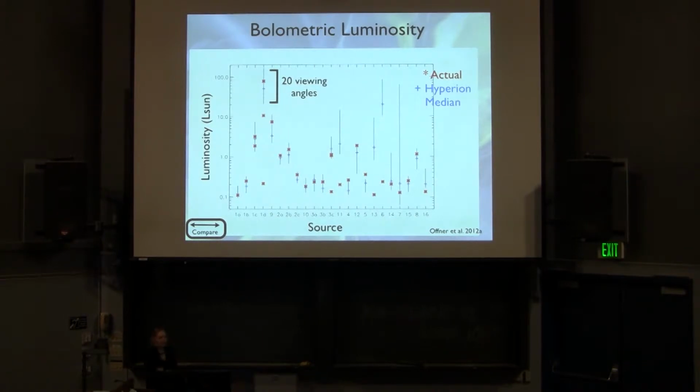One interesting thing to compare is the bolometric luminosity inferred from the SED compared to the true luminosity of the protostar. The actual luminosity of the simulation is in red, and the blue shows the range depending upon the particular viewing angle. If you're looking through the disk, it might look much more extincted, so you infer a lower luminosity.